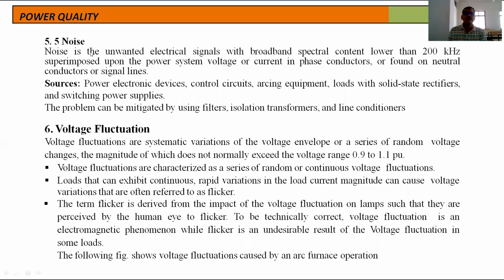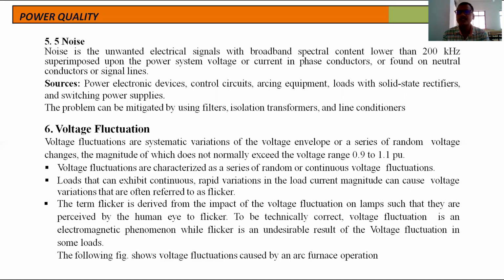Next, the last one, the fifth one, noise. Noise is unwanted electrical signals with a broadband spectral content lower than 200 kHz superimposed upon the power system voltage or current in phase conductors, or found on neutral conductors or signal lines. When power current is flowing through any wire or a signal is flowing, you can observe some noise.